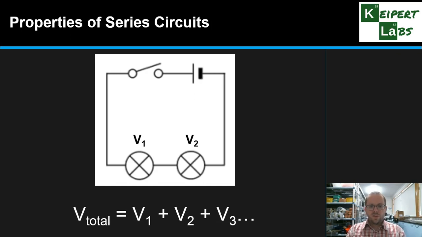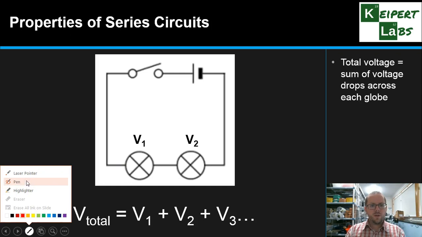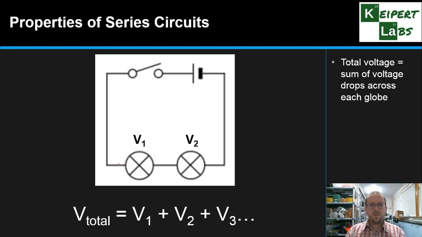Then when we have a look at voltage, the total voltage in the circuit is equal to the sum of the voltage drops that we detect at different points in the circuit. So if we look at the voltage going into and then dropping across this globe, there's a certain amount of voltage going in, and as it goes through and past, we end up with a different voltage on the other side, and then the same thing over here.